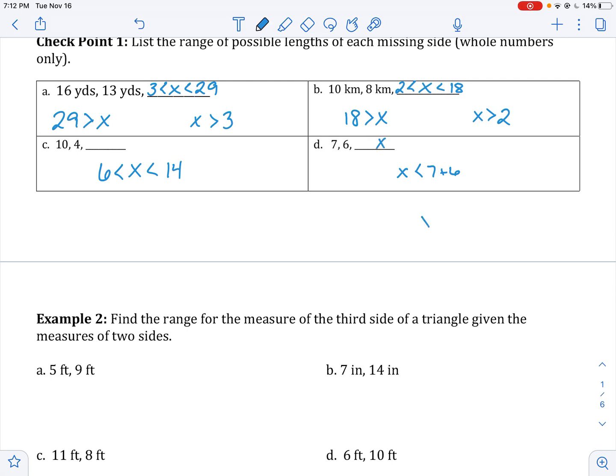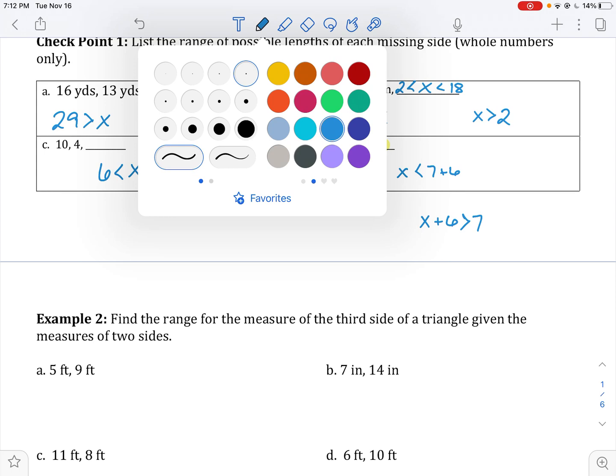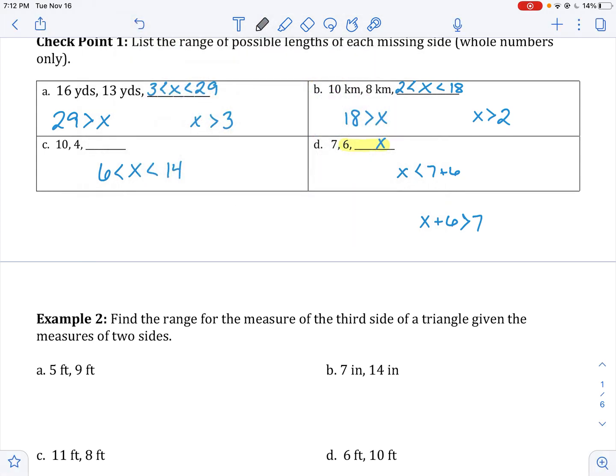And if I were to add x and 6, those two sides have got to be greater than my third side. So x must also be greater than 7 minus 6, or 1.